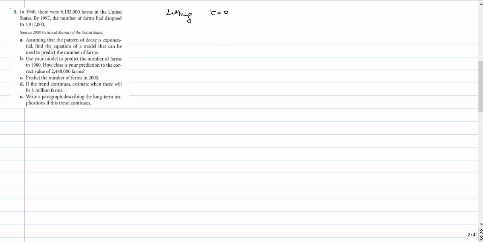Letting t equal 0 in 1940 gives me the data points of time and number of farms. And 57 years later, number of farms.